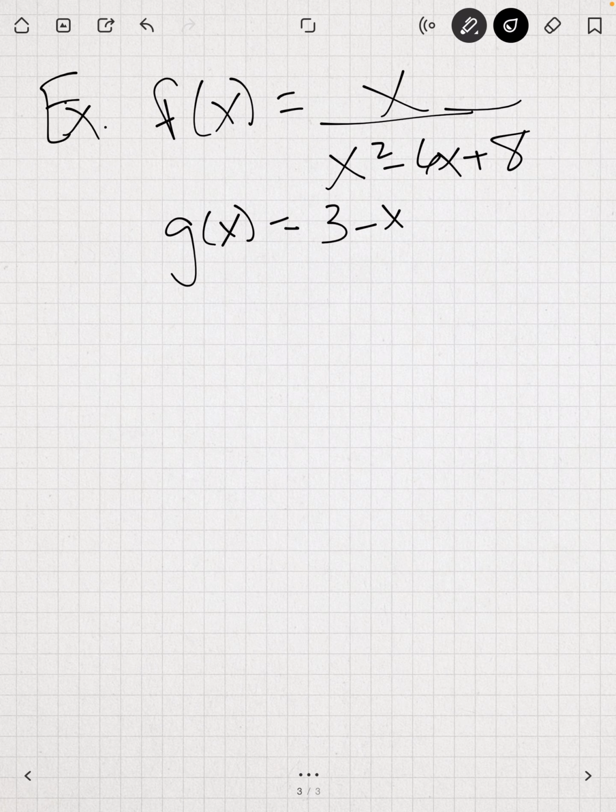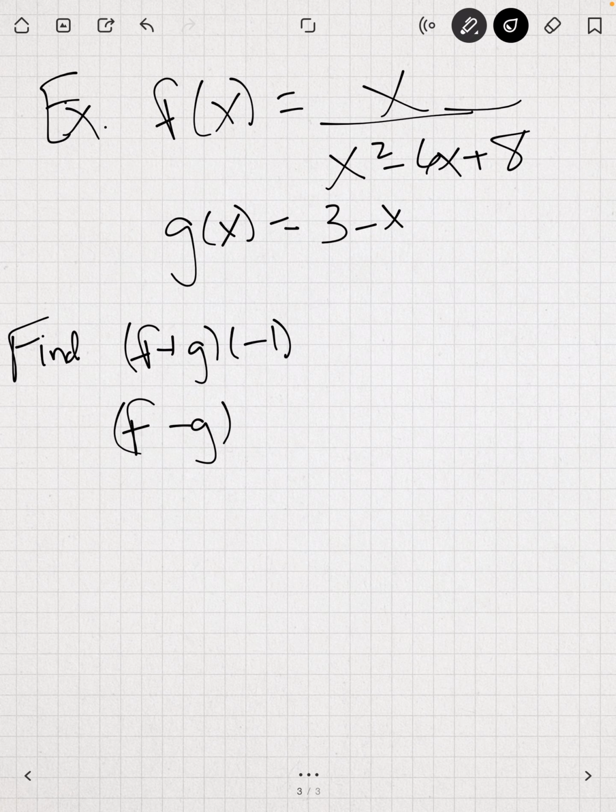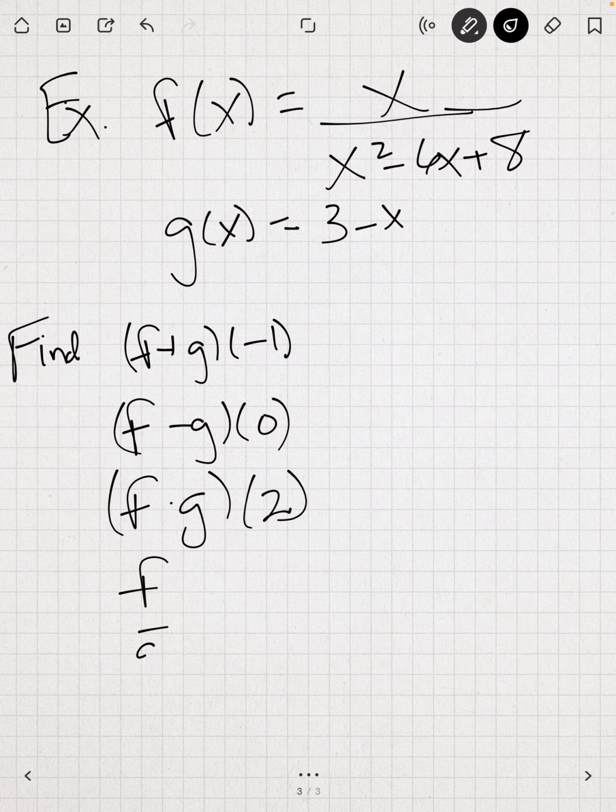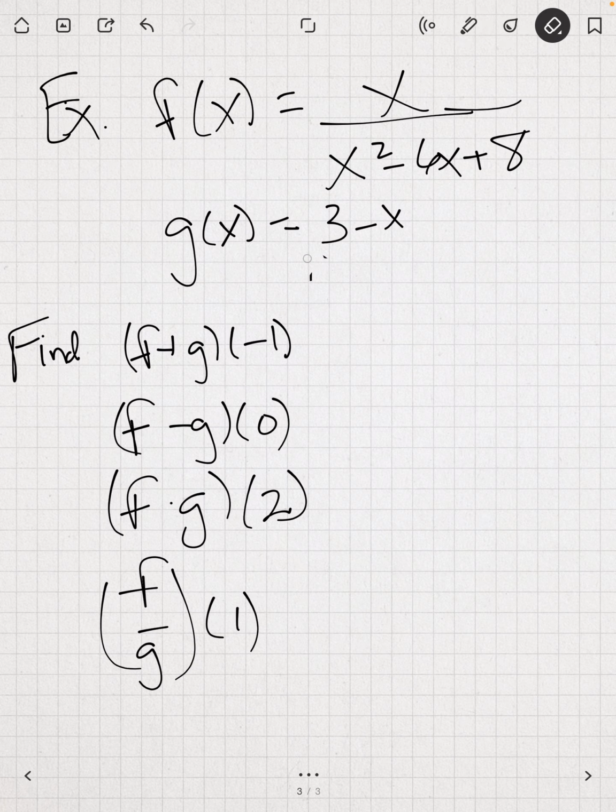It's going to say find f plus g at negative 1, f minus g at 0, f times g at 2, and f over g at 1. But let's always begin by finding our domains. So the domain, and let me pick a different color.